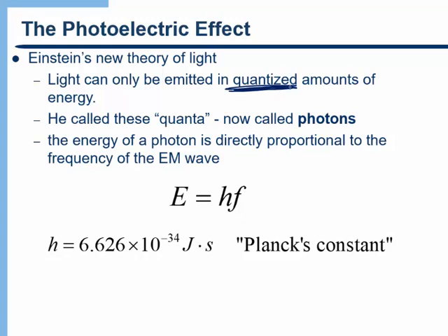And the energy of a photon is directly proportional to the frequency of the wave. The constant of proportionality is called Planck's constant. And it turns out Planck was the one who had done a lot of the work before Einstein that allowed him to come up with this conclusion.